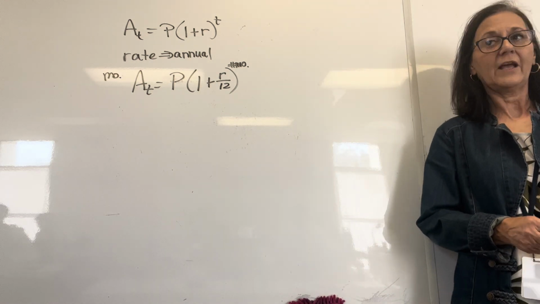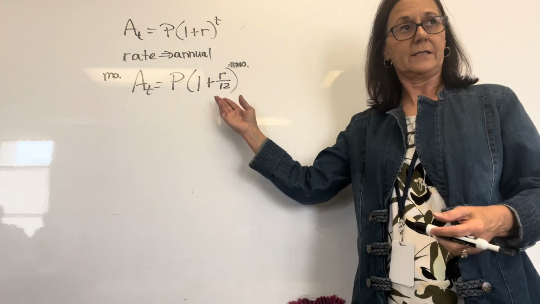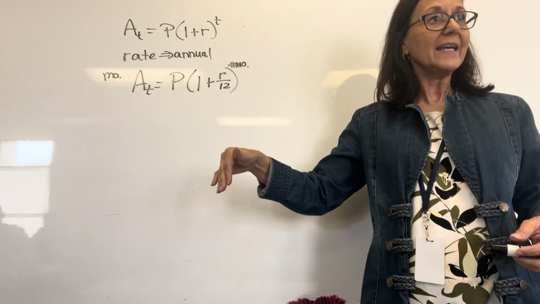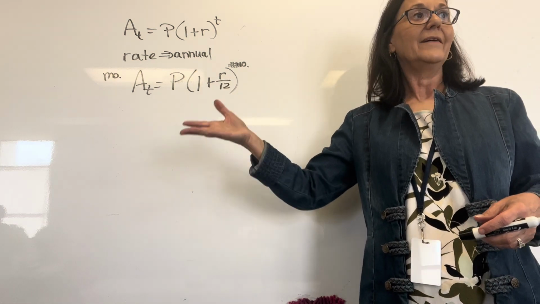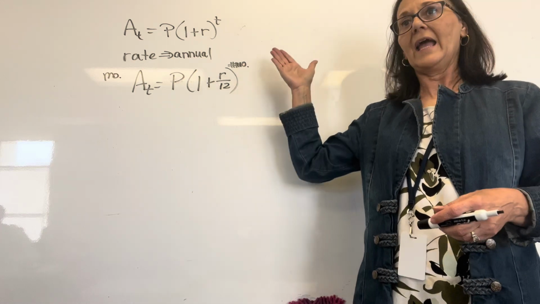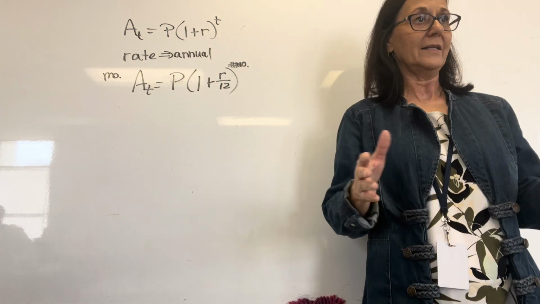Got it? You have to make your rate a monthly rate. If it were daily, I'd divide the rate by 365. My exponent would be in days. Got it? Make sense?